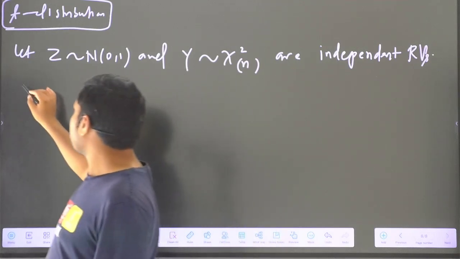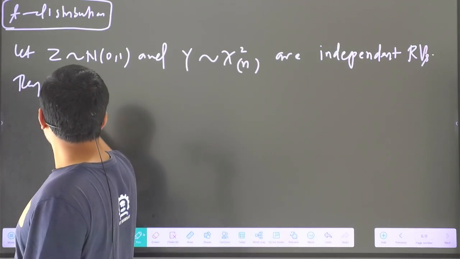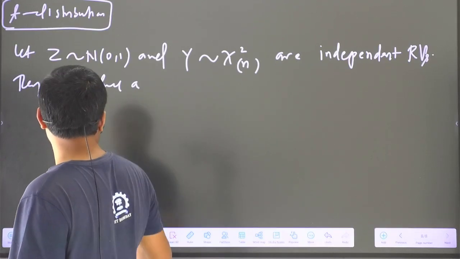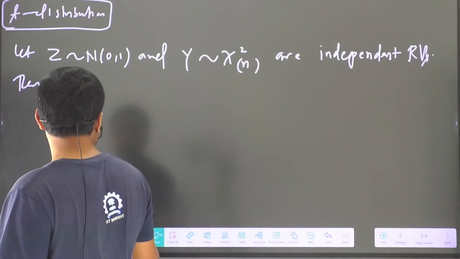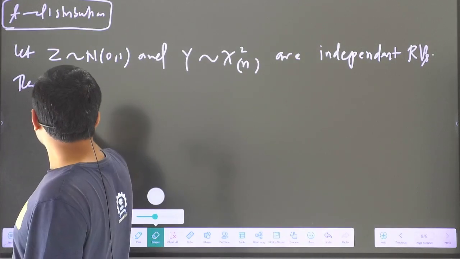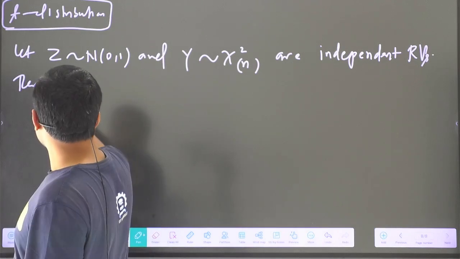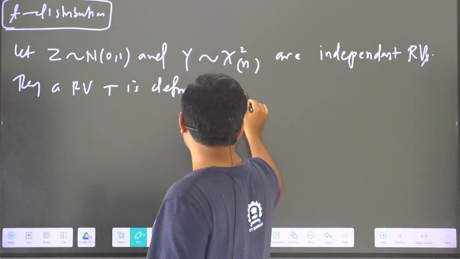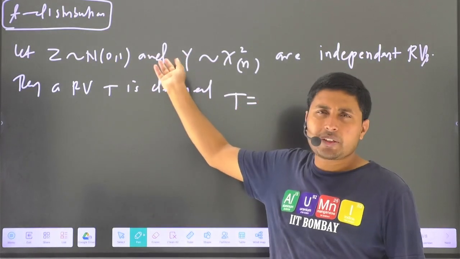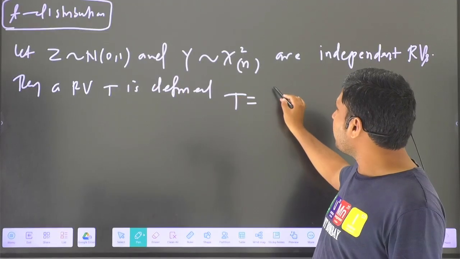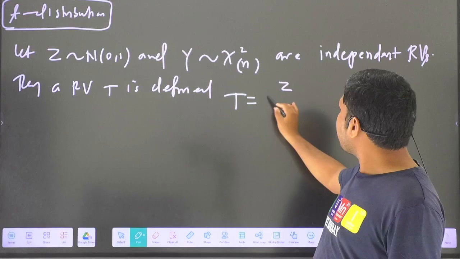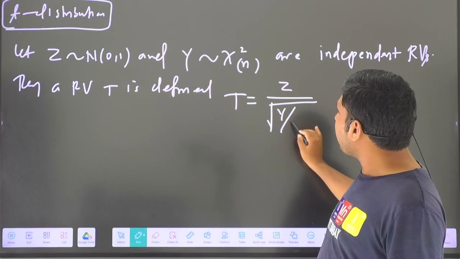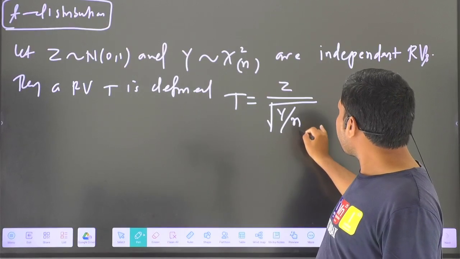Then a random variable t is defined with the help of z and y, and that will be z upon root under y by n.